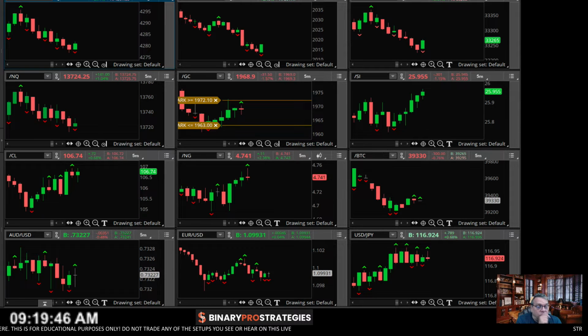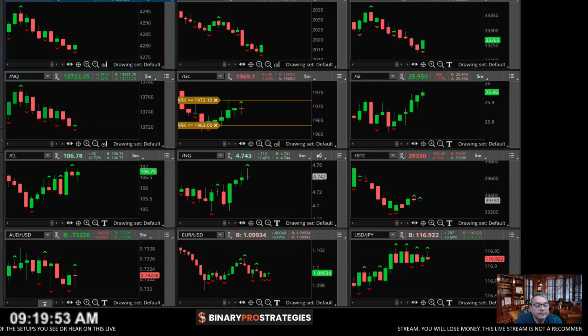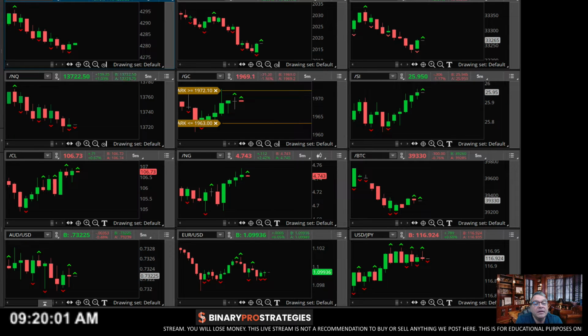I got about 10 seconds to go on this Euro US. Just holding short on this 09.95. It's at 09.94. That is going to be a winning trade on that first trade on the Euro US.